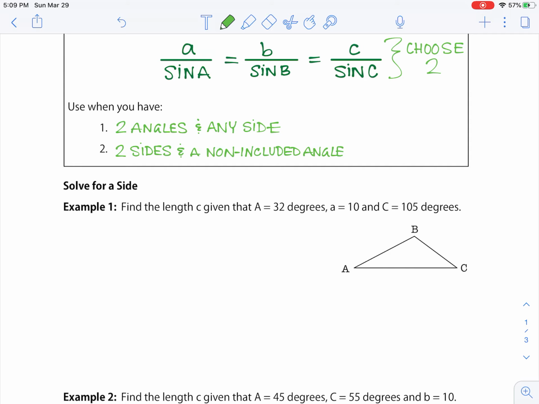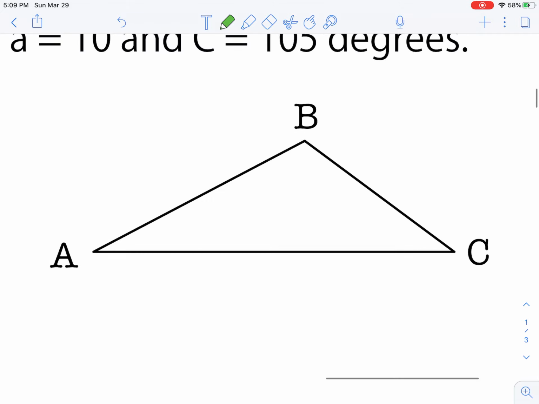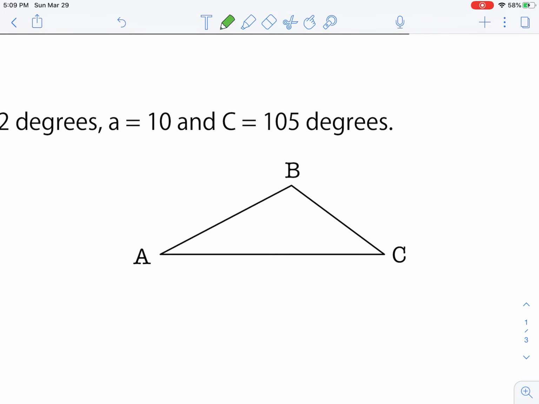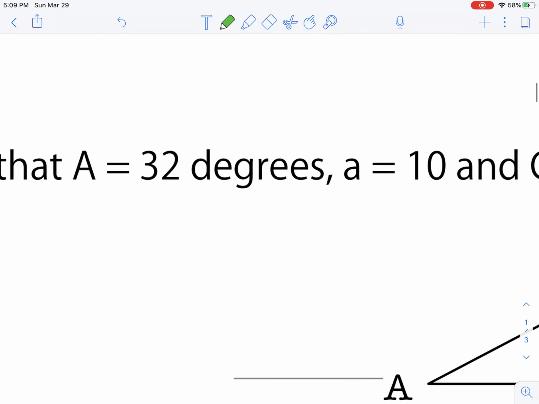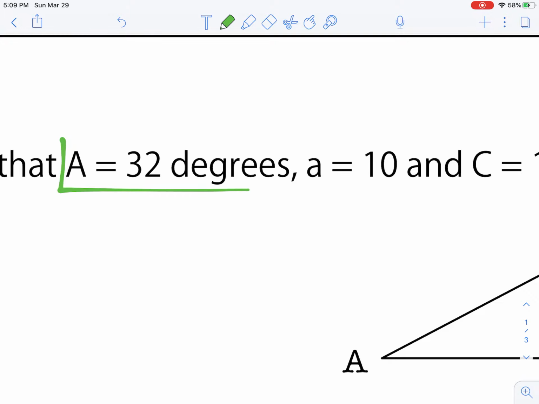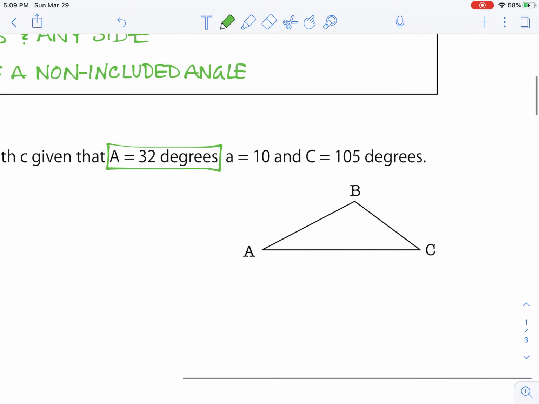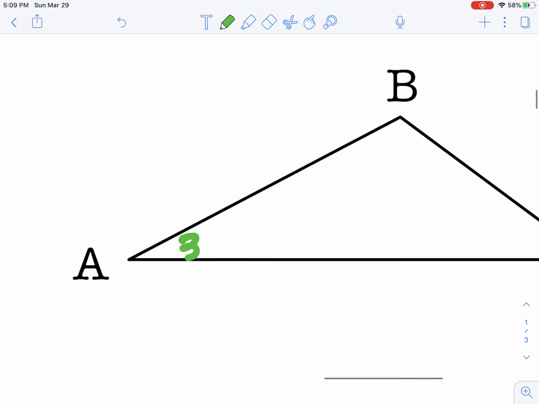So first off, we're going to start with solving for a side. And here we have a triangle. Again, see our vertices are capital A, B, and C. Now, when you do your homework, all of these should already be labeled for you, but it's not a bad idea to practice how we do that. So here in the information, we're given two angles. We're told that angle A is 32 degrees, so we can go ahead and mark that.